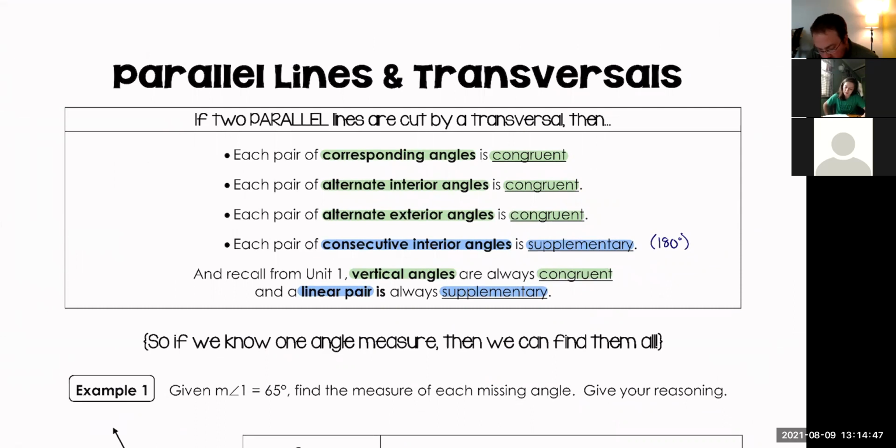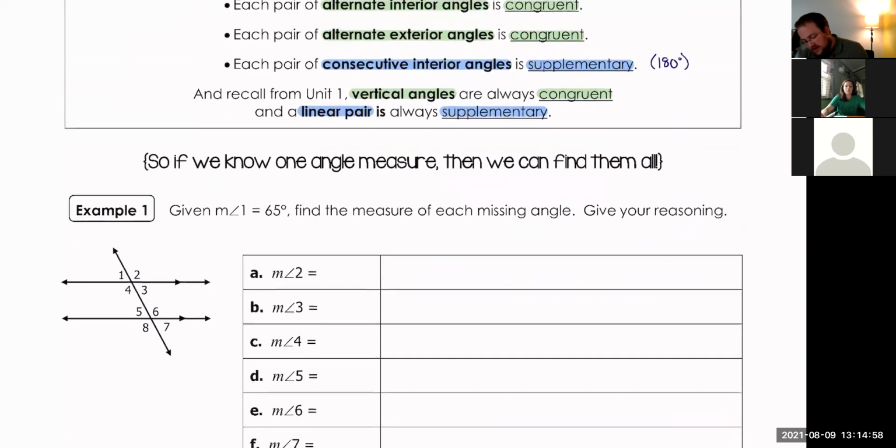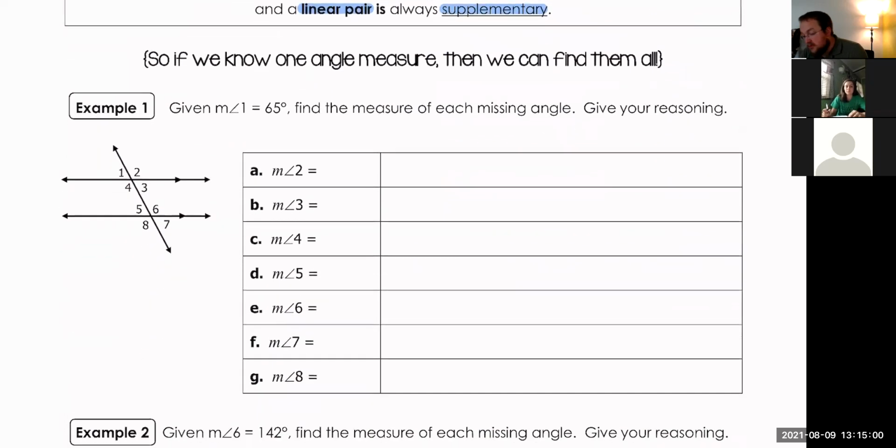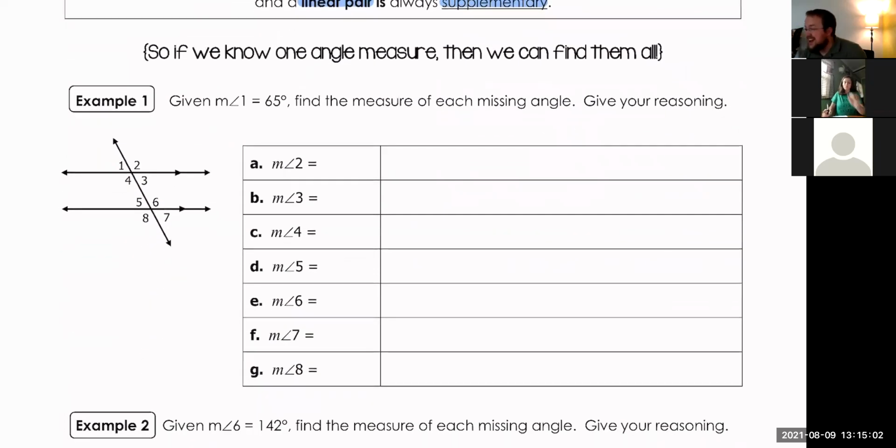Now, for our purposes, we're going to just do example 1 together because 1 and 2 are very, very similar to each other. So we're not just doing repetitive action. So in theory, if I had a pair of parallel lines intersected by a transversal and all I knew was one of those angle measurements, I have enough information to find all the remaining angle measurements tied to that one transversal.